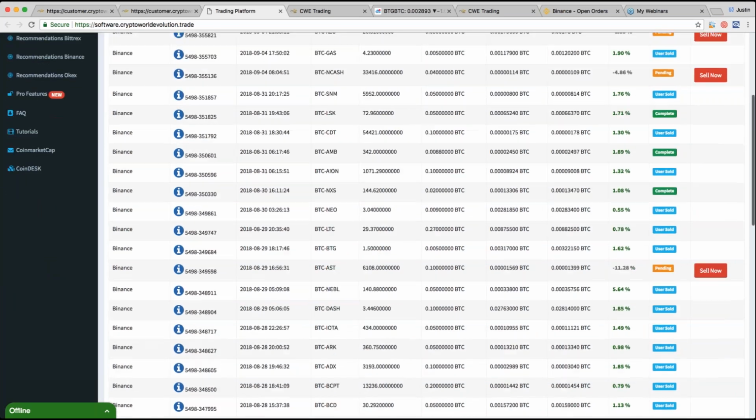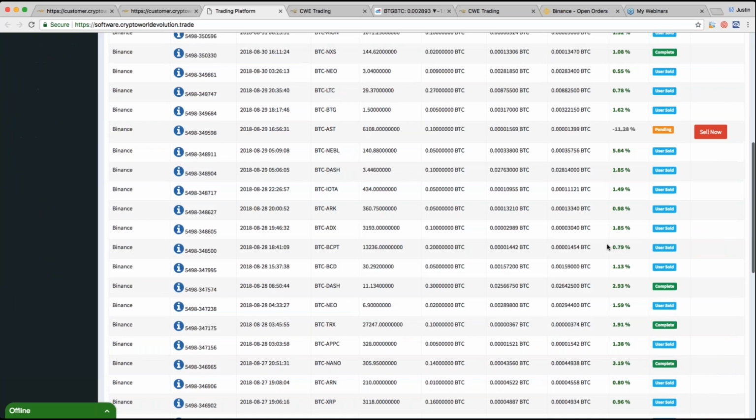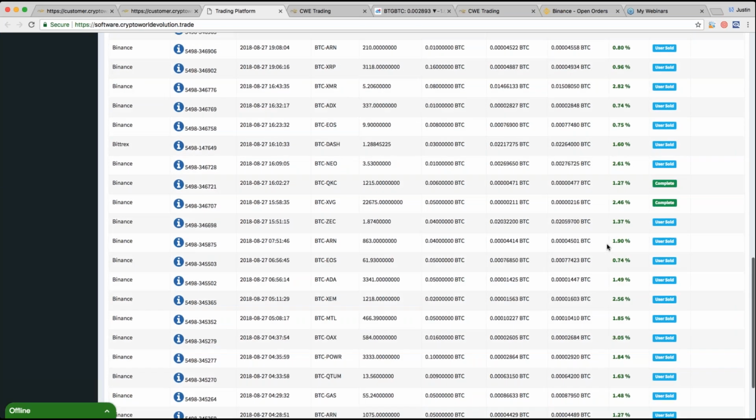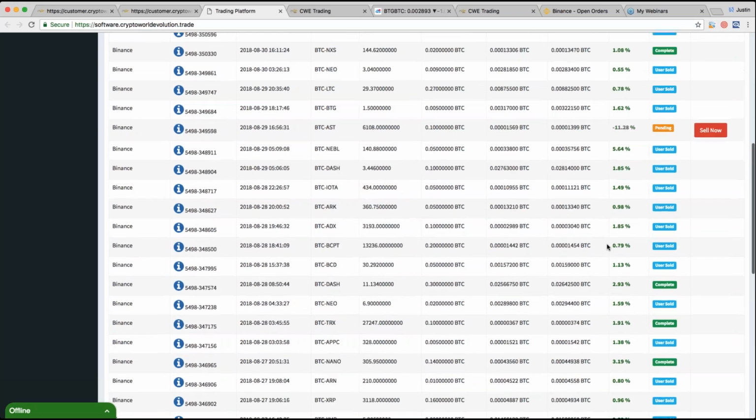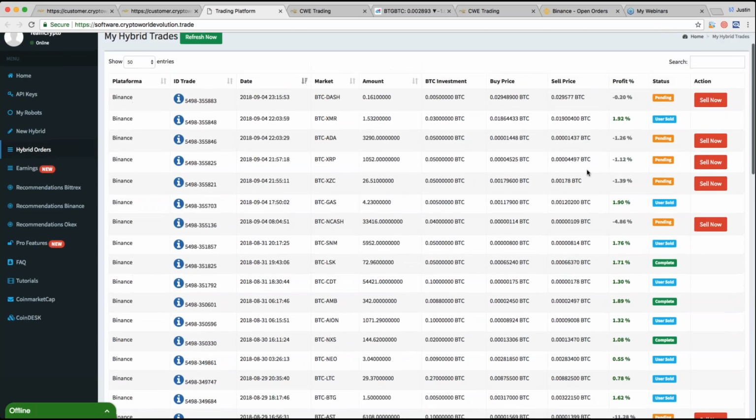This one here tanked on me a little bit, but I still have a few that are pending. Most of them I closed out. So this one closed out, no more trades. When I want to start up another one, I have to go to a new hybrid. But here's the key, and here's why this is a powerful, powerful bot.